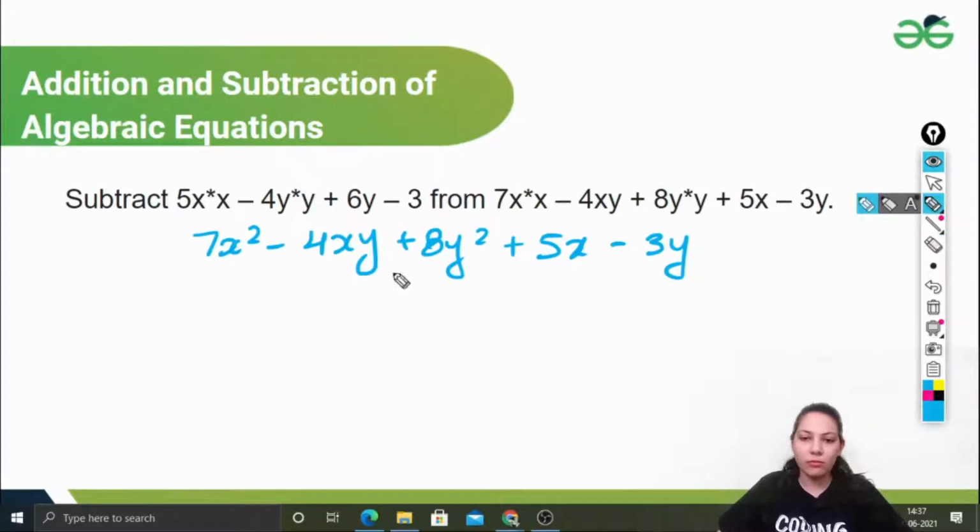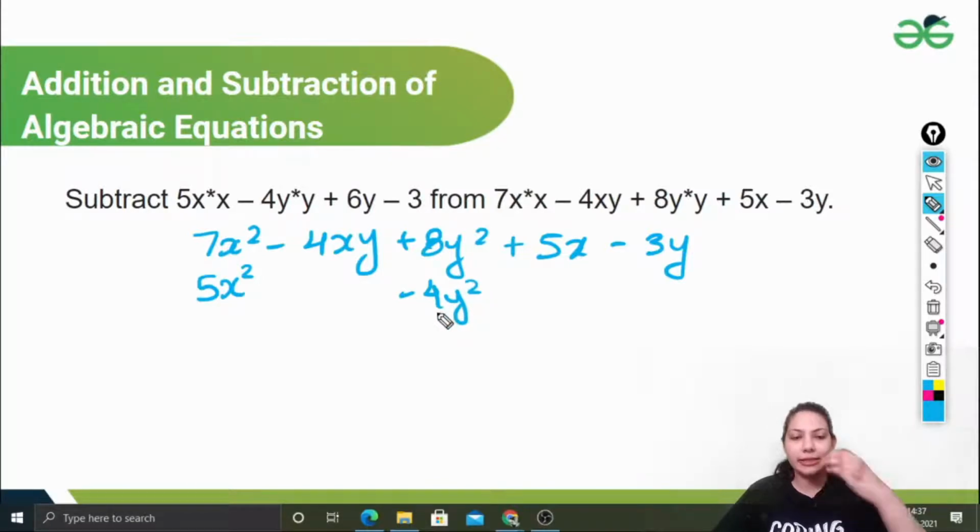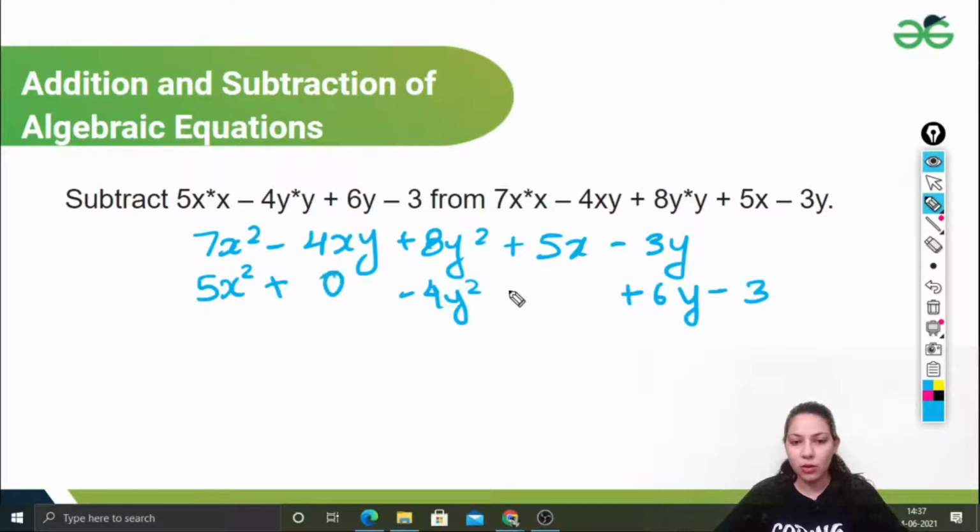Now 5x square I will write below the 7x square, and 4y square I will write below 8y square, because I have to write the like terms in individual rows. 6y, so plus 6y below 3y. Minus 3: there are no constants above, so I will write here like this. And instead of leaving the blank space, I will write plus 0 and here plus 0, so that we don't get confused at the time of solving.